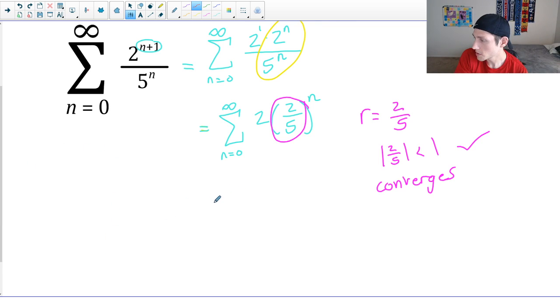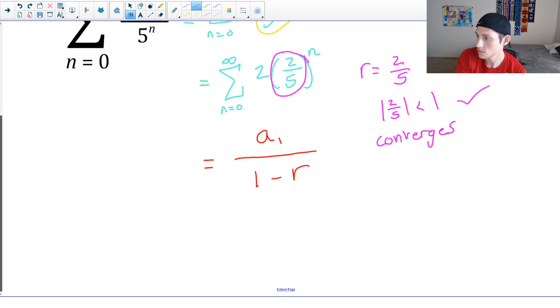Since it converges, that means we can use this formula. This whole infinite series actually just equals a1 over 1 minus r. a1 is 2. 1 minus r, so that's 1 minus 2/5.